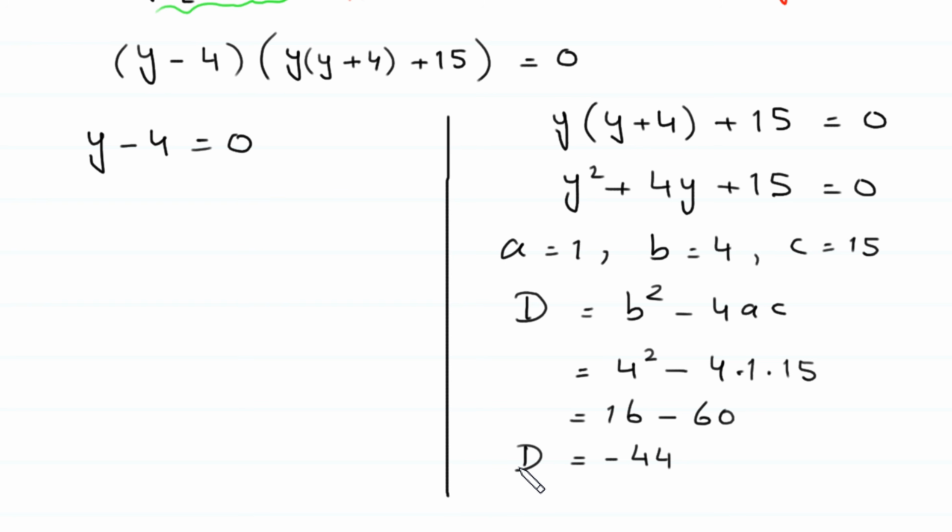So the discriminant minus 44 is less than 0. So no real solutions can be found from here.